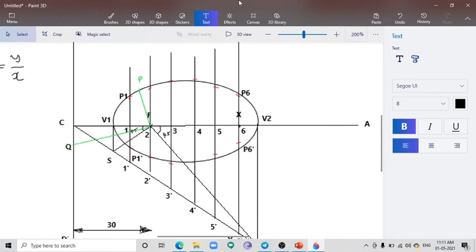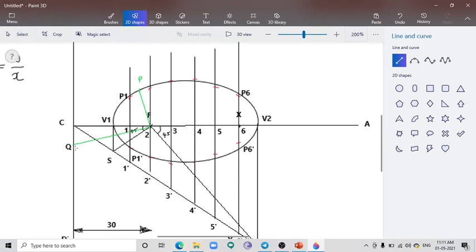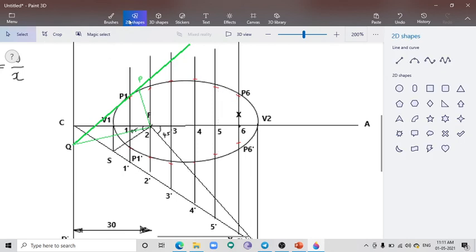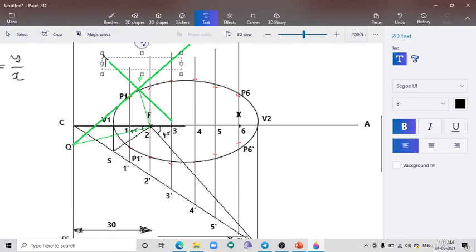This is our Q, and I am going to join the point Q with our point P. So this is our tangent, and at the same point we have to draw a line which is perpendicular to PQ, and that is the normal, and naming is to be given as N and M.